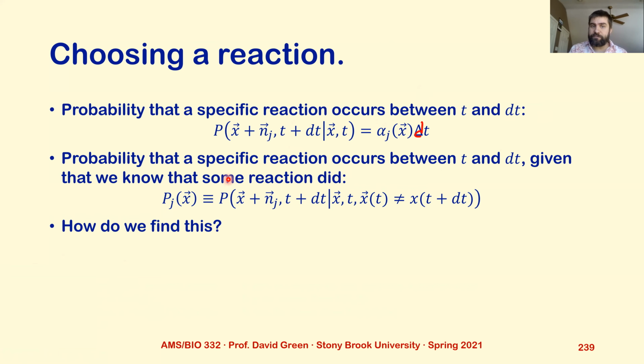This is now the probability that a specific reaction occurs, the probability that X changed to X plus Nj at some t plus delta t, knowing that we started at X at t, and that we're not in the same state anymore, that something happened.